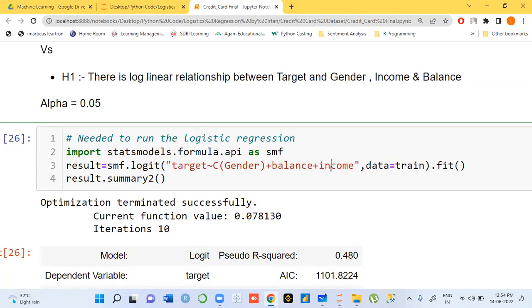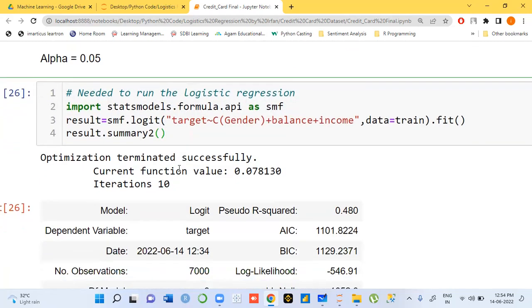But 0, 1 is a category only. That's the reason we write C over here. This C is to define we have gender as category. Take data from train and fit. Assigning in result and we check summary. Clear? Question anyone have?